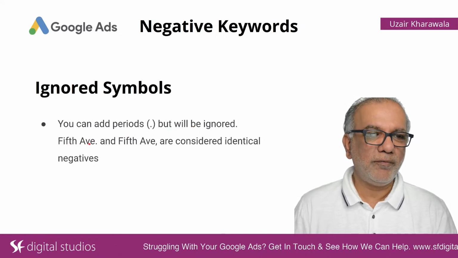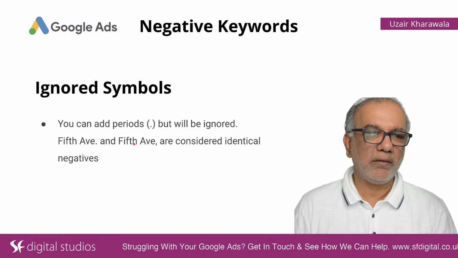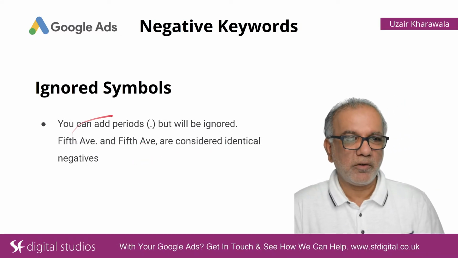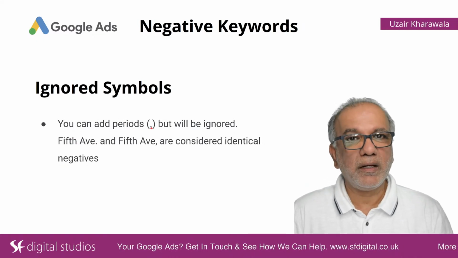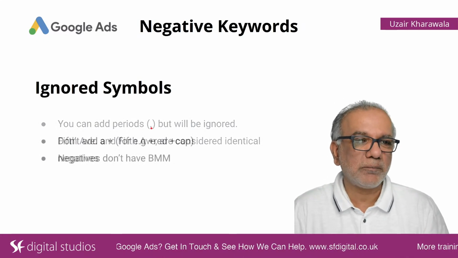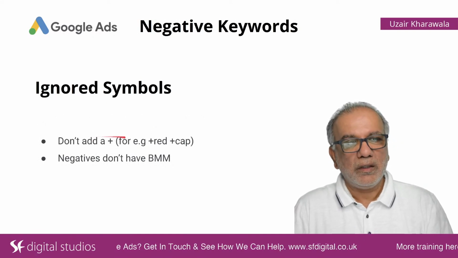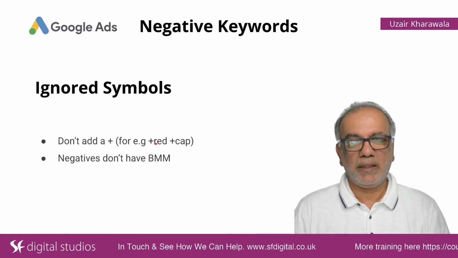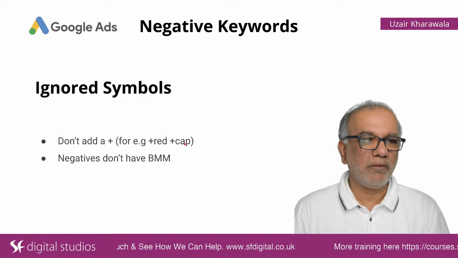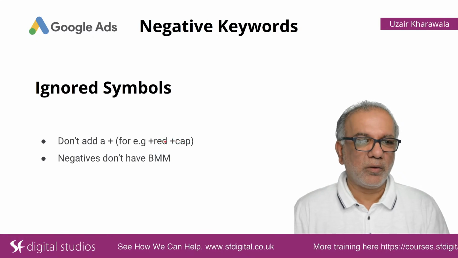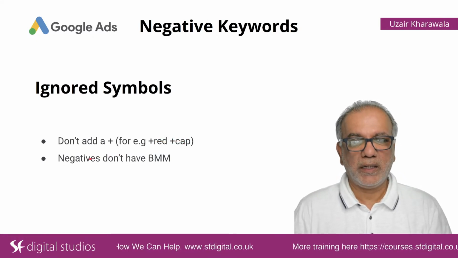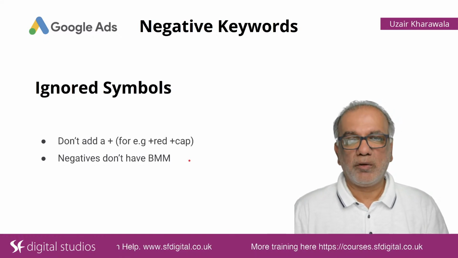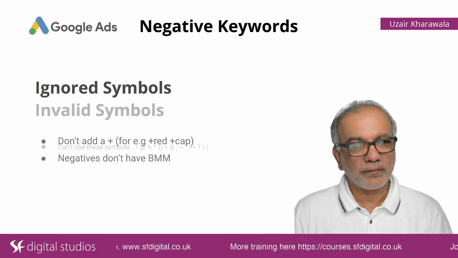Something like Fifth Avenue full stop and Fifth Avenue are considered identical negatives. So periods don't have any effect in negatives. As I said, don't add a plus symbol. If it's plus rat plus cap, it won't have any effect. Google will ignore this, and there is no such thing as a broad match modified negative keyword.